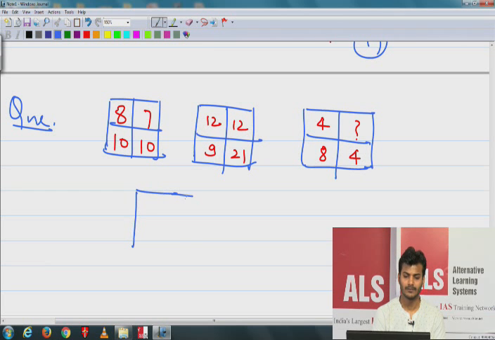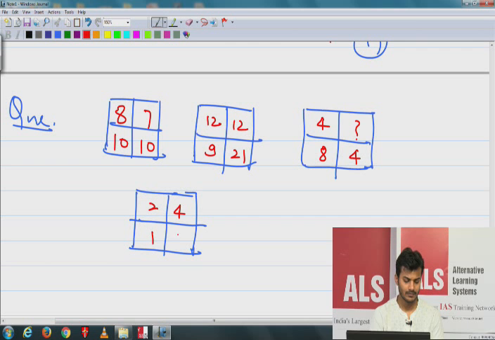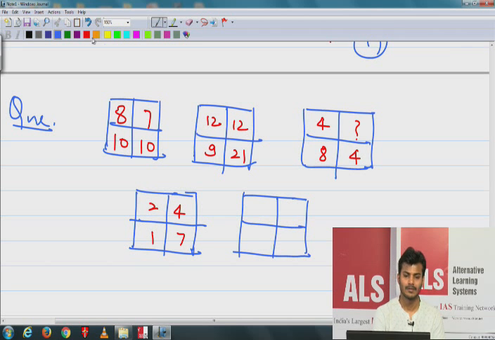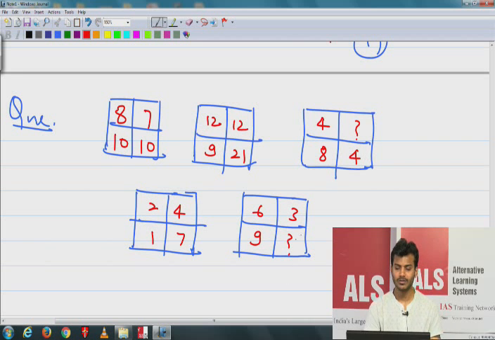Next is 2, 4, 1, 7. Last one is 6, 3, 9, question mark. So here we have to find out these two values, this one and this one. I hope that most of you have got some idea how is the pattern, right?